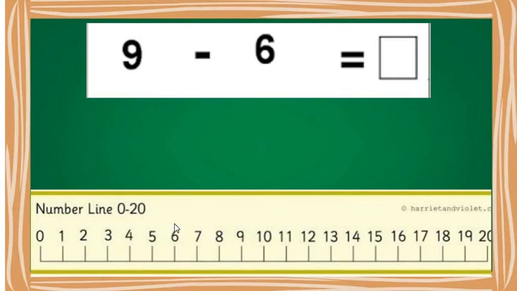It is not made up only of 0 to 10 numbers. We can draw much more numbers after 20 also on the number line. Right now we have the number line only of 0 to 20 numbers. So let's solve the given sum with the help of this number line.